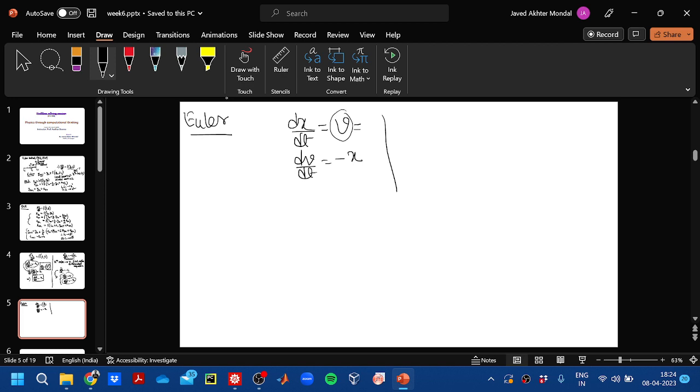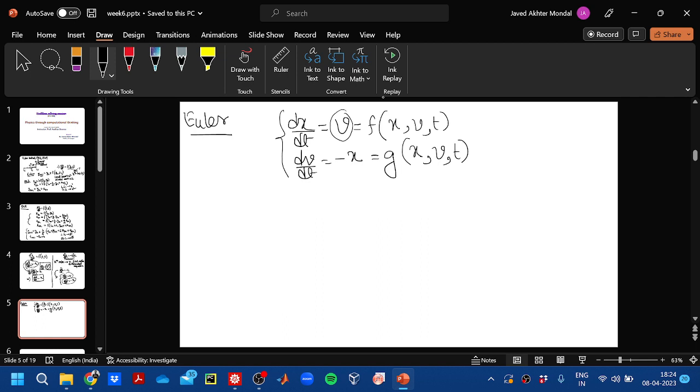Suppose in general we are assuming the general form here: this is a function of x, t and v in general, and suppose this is another function, and it can also be a function of x, t and v. So we are solving for the general equation. We have these two first order general equations, and we want to solve them using the Euler method.